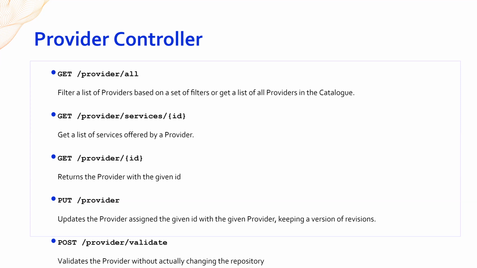I will go very fast because there is no need to look at them in detail now. You can get all the providers, you can get all the services of a provider, you can get details of a provider, and you can also update the provider or validate the information about the provider.